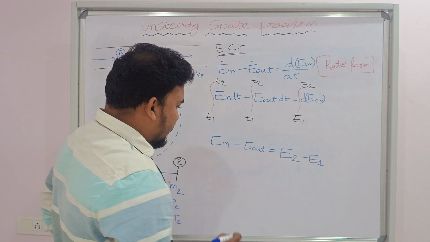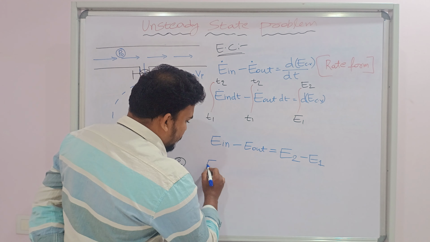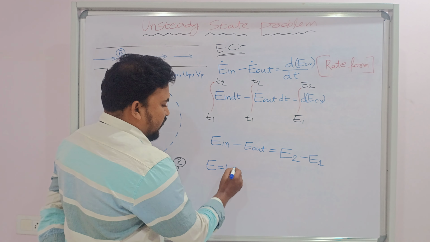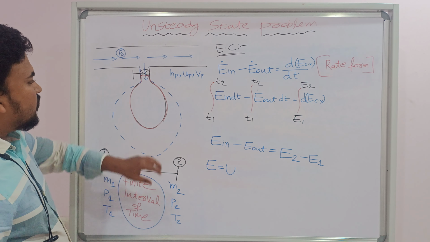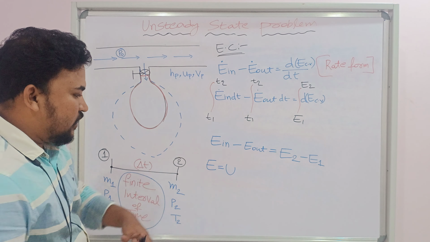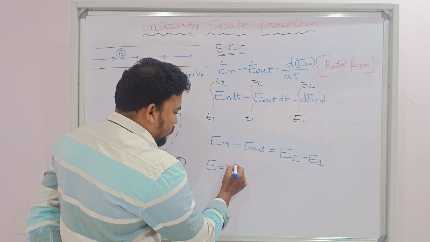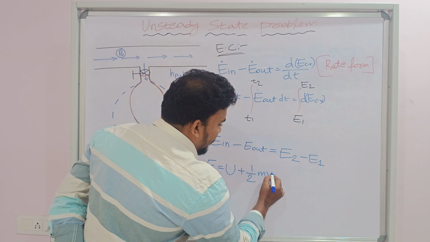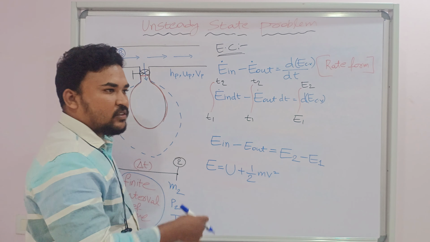See, in the generalized form, E is written as the summation of energy. Internal energy means energy possessed by the air molecules of its own. This is the internal energy, U. It also has some kinetic energy, because the molecules are flowing in motion.